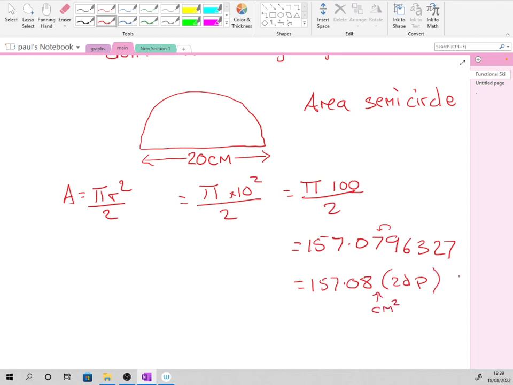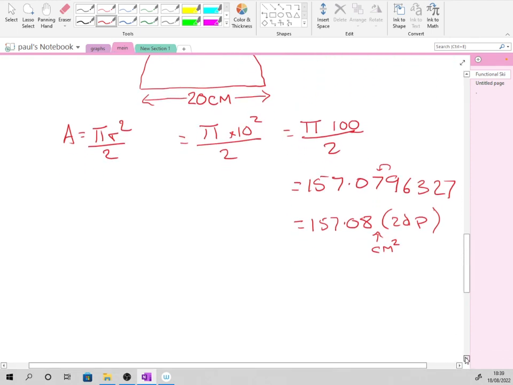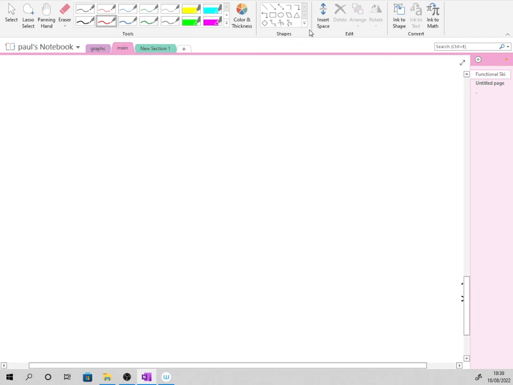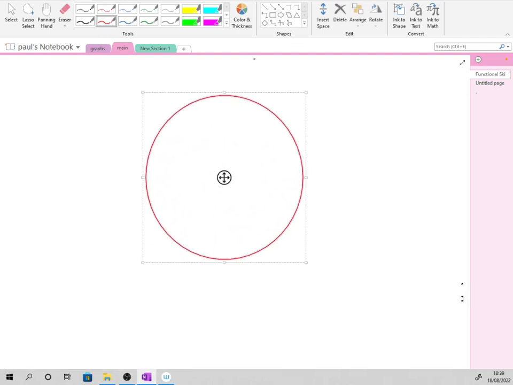So a semicircle. We've got all sorts of weird and wonderful shapes here. So it's getting more complicated. So let's do this. There's a big circle, and there's the middle, and I'm going to draw a triangle there.